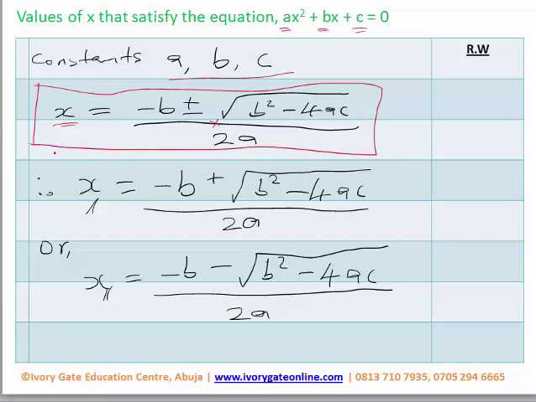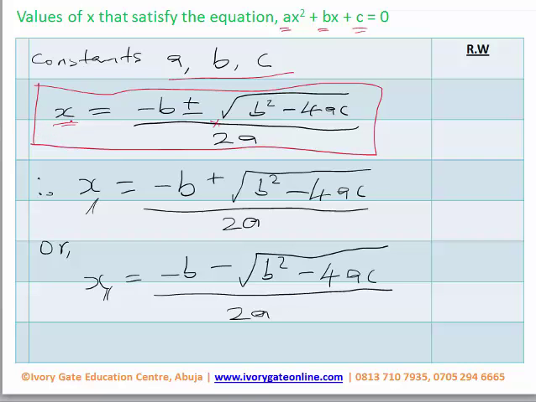Most cases there are two solutions for x depending on the value of the discriminant. The discriminant is what is inside the square root. Okay, so depending on the value of the discriminant, x may have only one equal root, it may have imaginary roots, it may have real roots. Okay, but we'll treat that later.